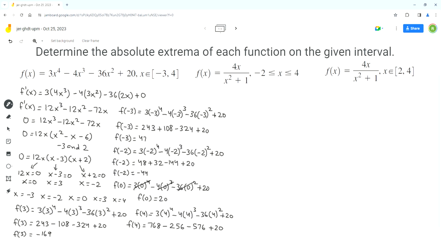So now we can combine these terms. So we do 768 minus 256 minus 576 plus 20 equals negative 44.